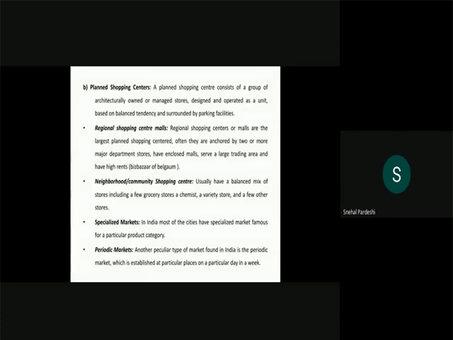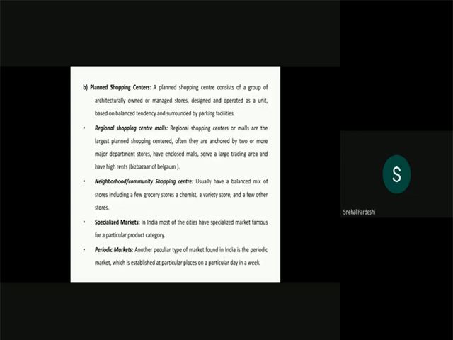So we have community shopping centers, or neighborhood shopping centers, compared to the previous unplanned one, which will have a very balanced mix of stores. That shopping center will have a variety of stores, maybe some chemists or grocery stores, very small stores covering that small location or area.